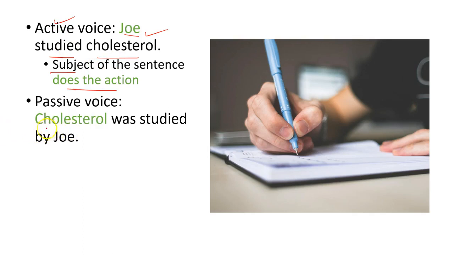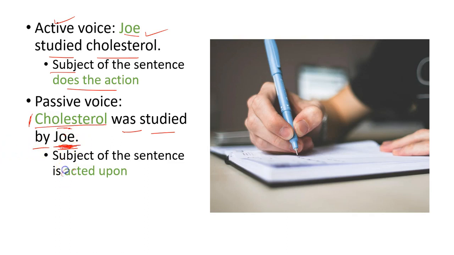Now the passive voice looks like this. Cholesterol was studied by Joe. So here you have the actor, Joe, in the object position, right? And so cholesterol is having something done to it.